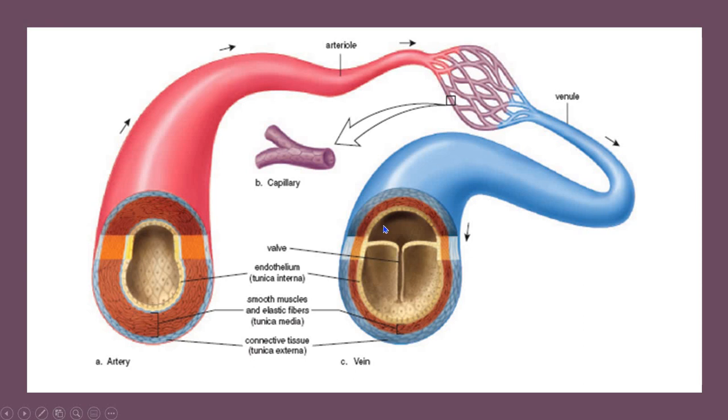These valves help keep the blood from pumping back down, and what causes it to move up in the first place, since you don't have a whole lot of blood pressure, is the muscle movement of your legs.